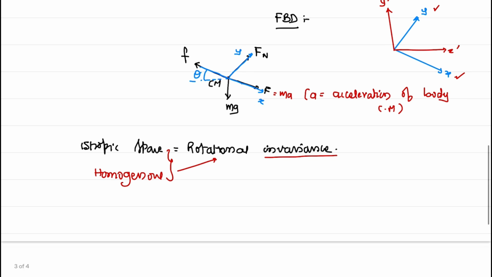Rotational invariance and translational invariance are applicable, and Newton's laws are applicable. That means I can freely change the x and y axis, without disturbing the orthogonality between them and without disturbing the particle, and then I can freely resolve the forces.